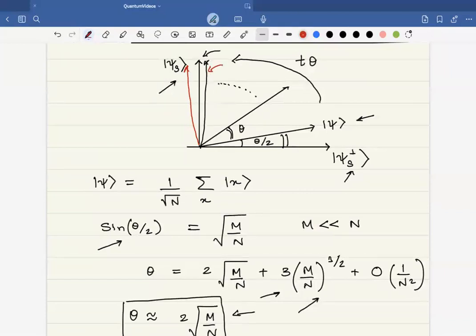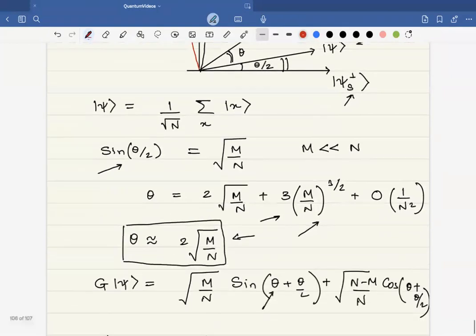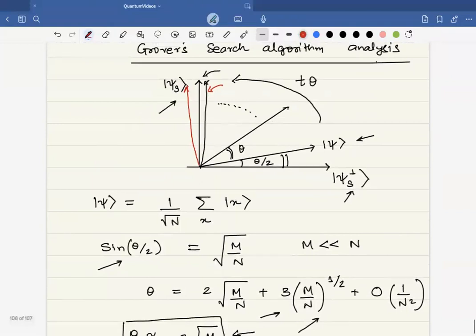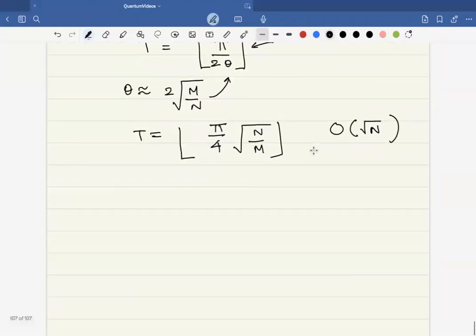All right. Now, we also want to figure out what is the probability. So after we do these rotations, we will measure. And we also want to know what is the probability of success. So that will be given by the probability of success, once we have done these many rotations, it will essentially be psi s G to the t psi.